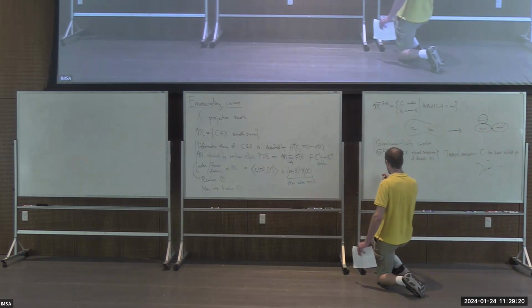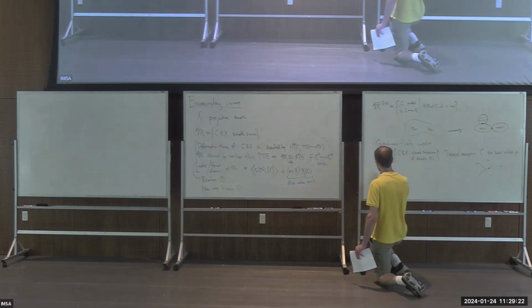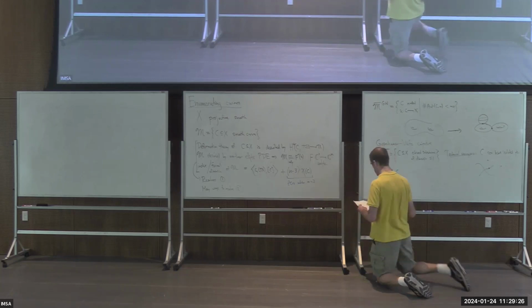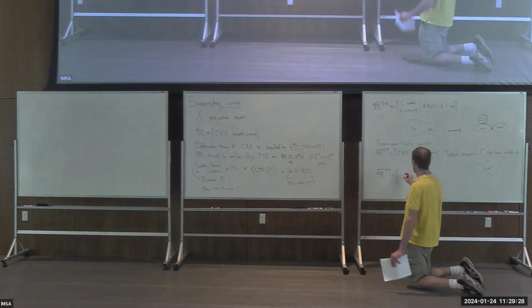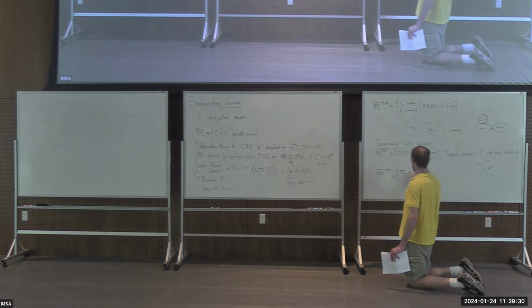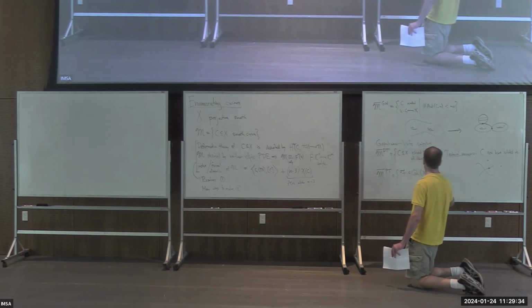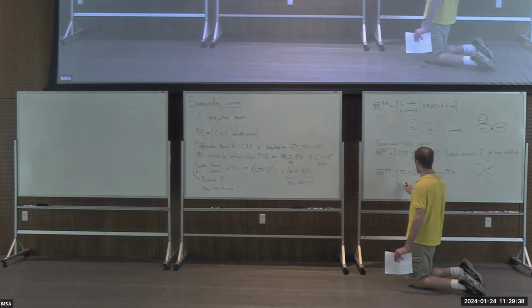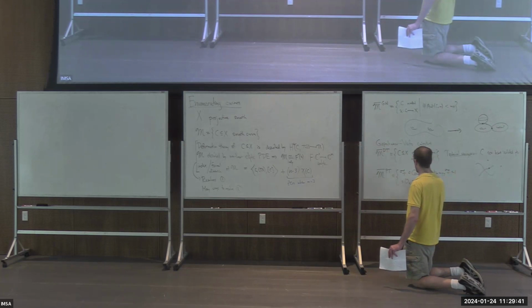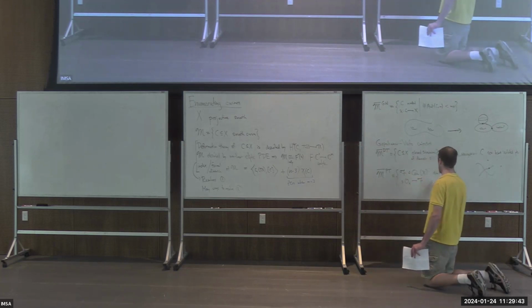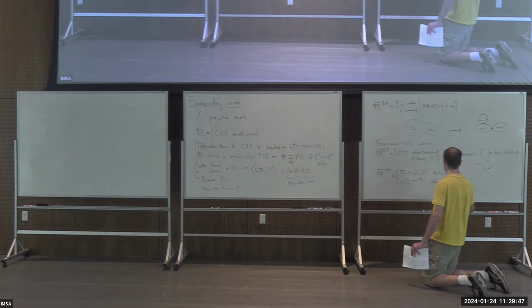And so Pandharipande and Thomas came up with an alternative, smaller compactification, whose definition is a little bit more complicated, but basically it consists of a coherent sheaf on X of one-dimensional support, and a section of that sheaf whose cokernel has zero-dimensional support.